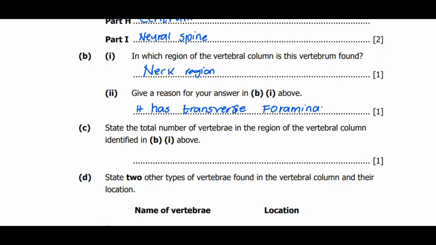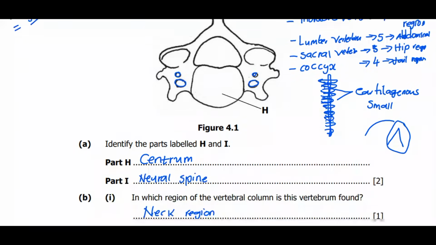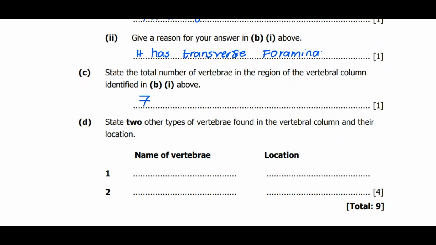Now, C: state the total number of vertebrae in the region of the vertebral column identified. Remember, we said there are 7. Then it says to state 2 other types of vertebrae found in the vertebral column and their location. We've answered this, so we just choose.